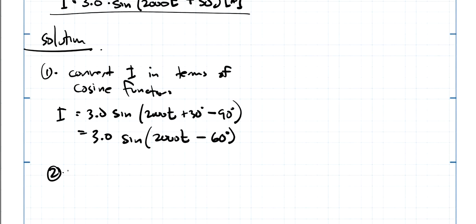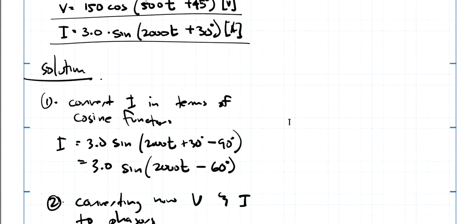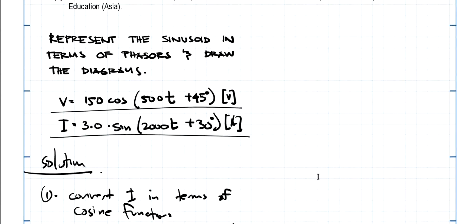Okay, so now converting V and I to phasors. Maybe I'll just write it here. At the moment, I'll just write the phasors right here. So for V, the phasor of the voltage is equal to, take note again, this is the magnitude, and then this one is the angle.